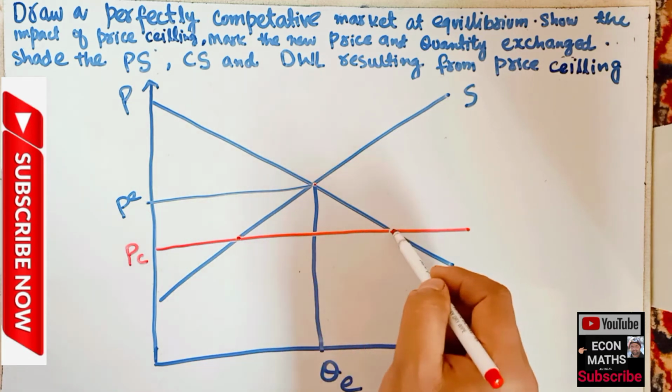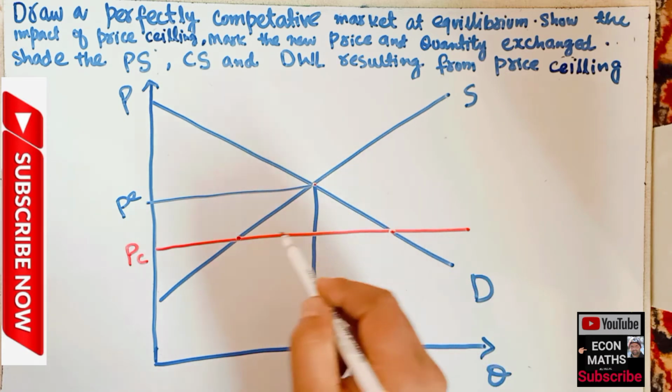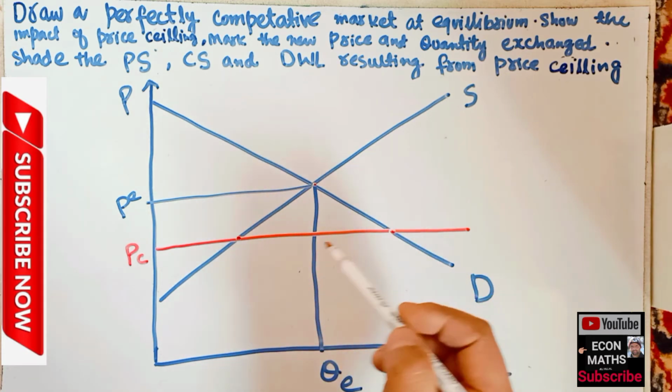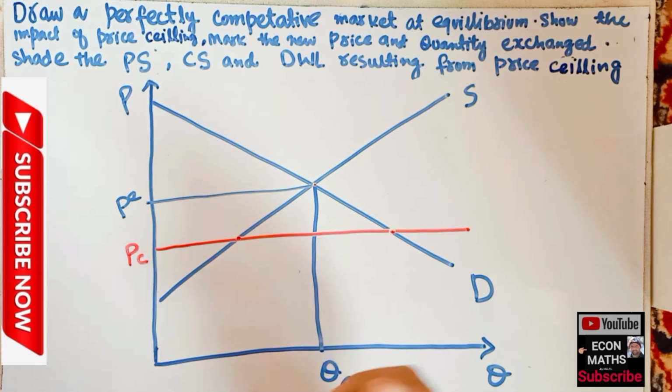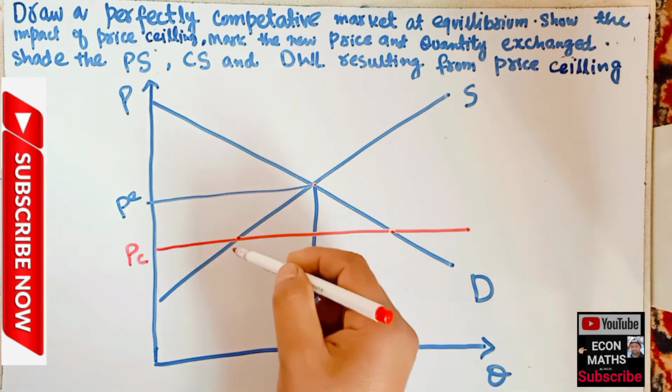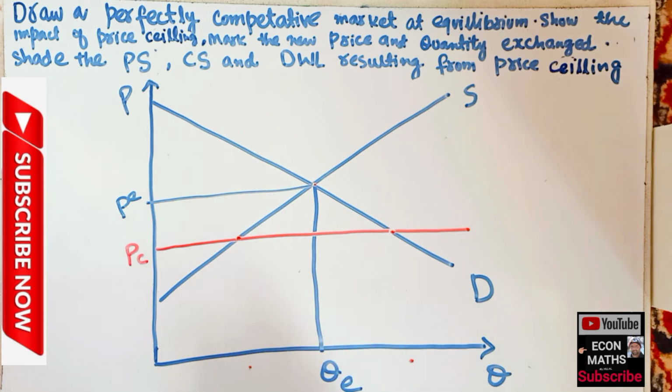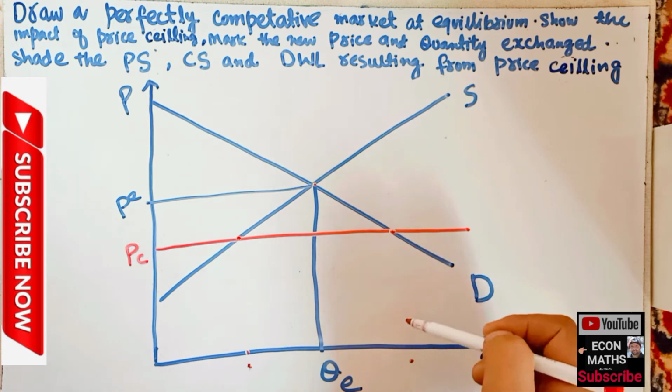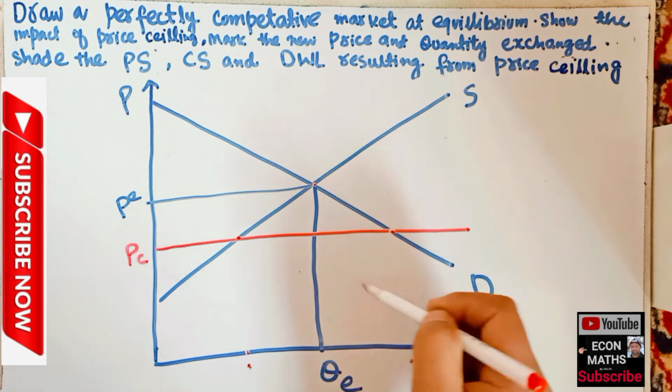So there is a shortage between quantity demanded and quantity supplied. Up to this point is only supplied, and up to this is quantity demanded. So there is the difference. The quantity demanded is more than the quantity supplied.